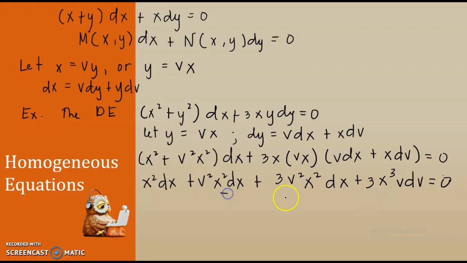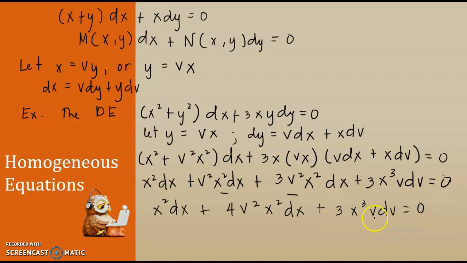Pwede natin pag-combine to. Magkapareho sila ng variable. You have x squared dx plus 1 and 3, therefore that is 4v squared x squared dx plus 3x cubed v dv equal to 0.